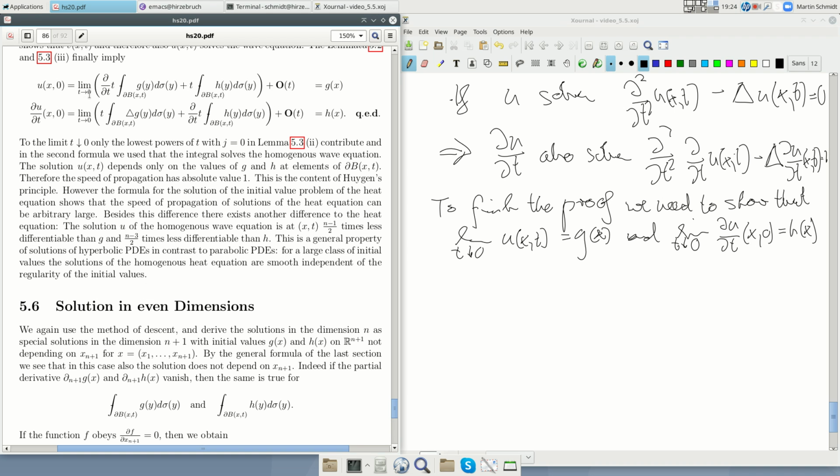Now, if we take the limit t going to 0 of this derivative, by the Leibniz rule, we can apply this derivative to t. Then we just get this integral. Or we can apply it to this boundary, but we already know that this is continuous.